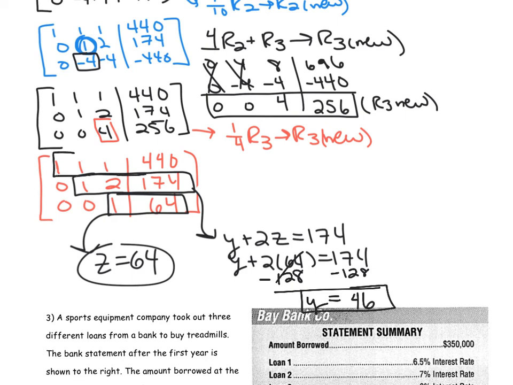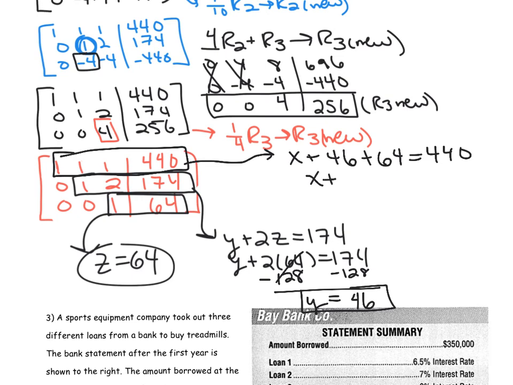So I've got y, I've got z. Now I just need to solve for x. So let's write this out. We have x plus y, which is 46, plus z, which is 64, equals 440. I'll have x plus 46 plus 64 is 110, which equals that 440.